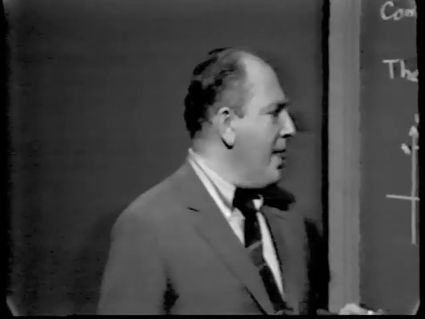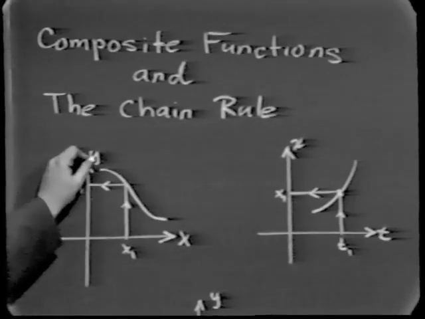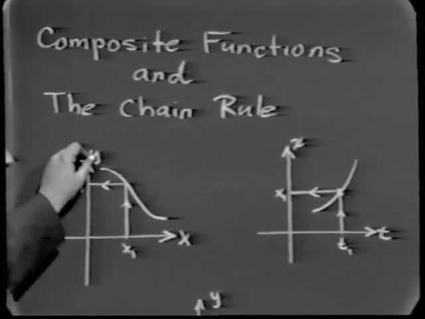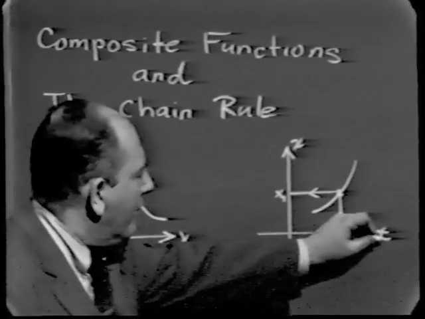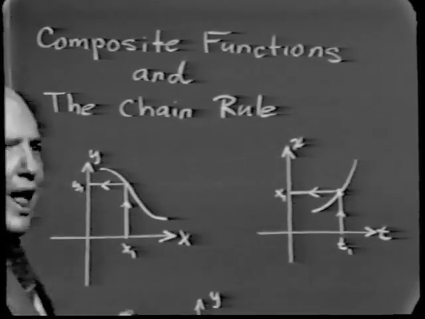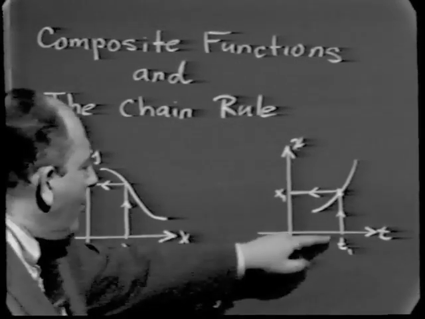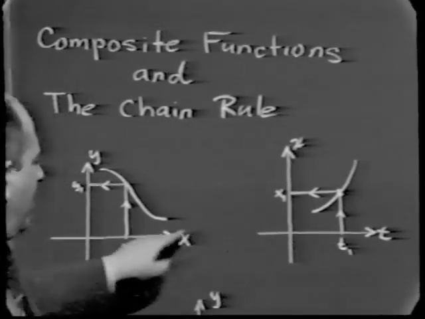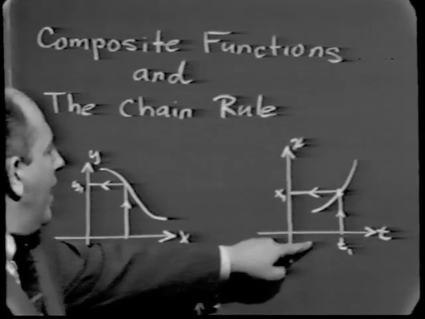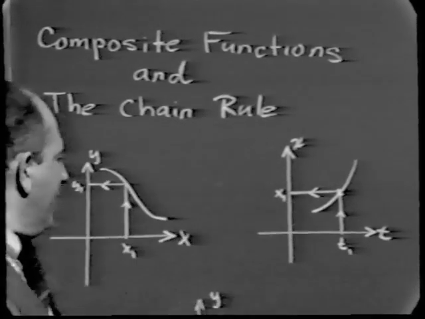Now, we can see this quite easily in terms of a diagram. Suppose, for example, that I have a graph of x versus y. And suppose also I have a graph of t versus x. Without any reference to calculus, and this is rather important, notice that these two graphs together allow me to visualize y in terms of t.